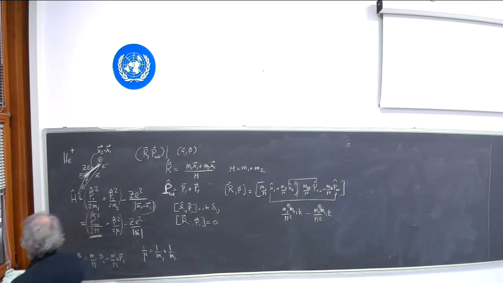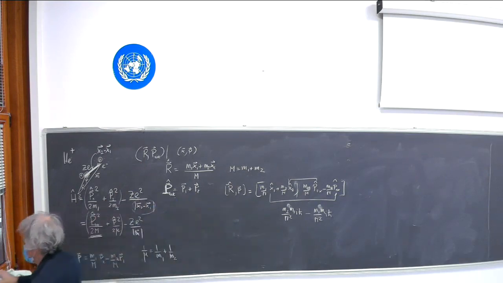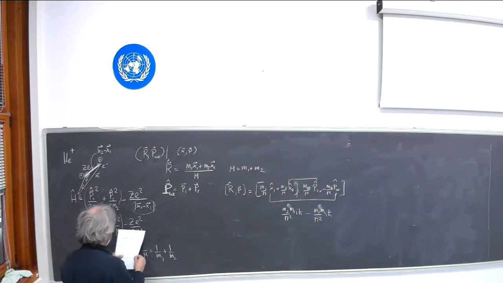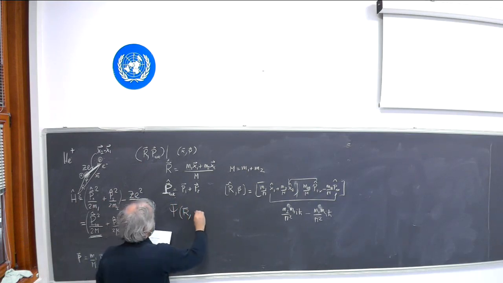So if I ask you to write the wave function of the full system, the wave function would be a function of R and a function of the relative coordinate.